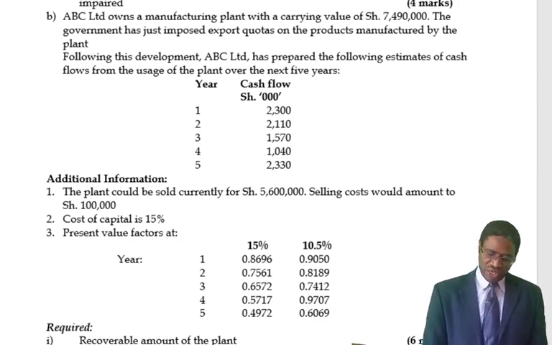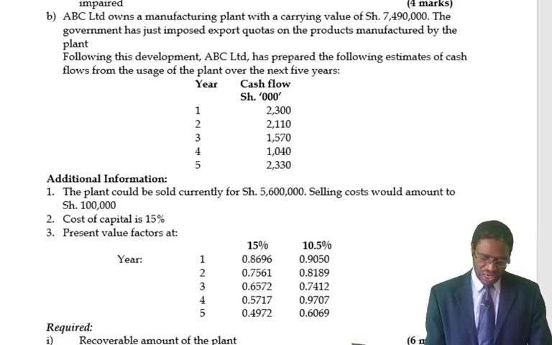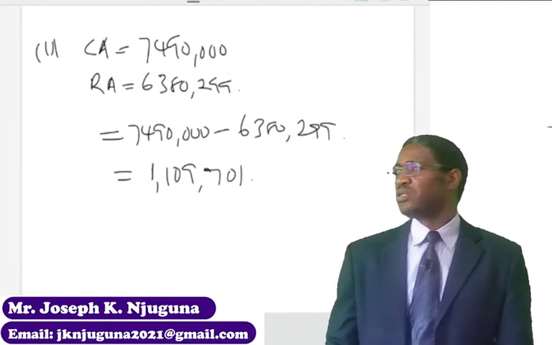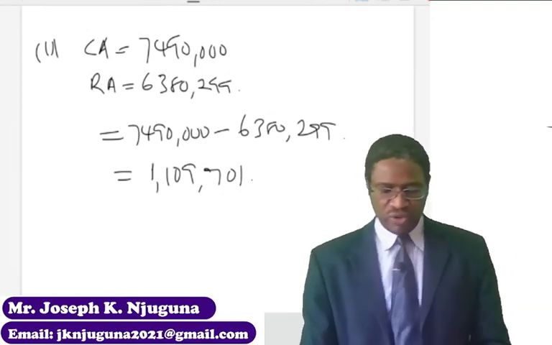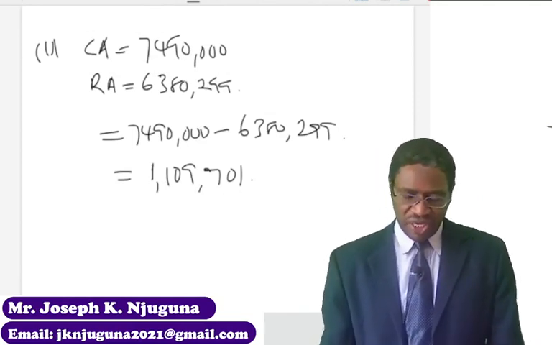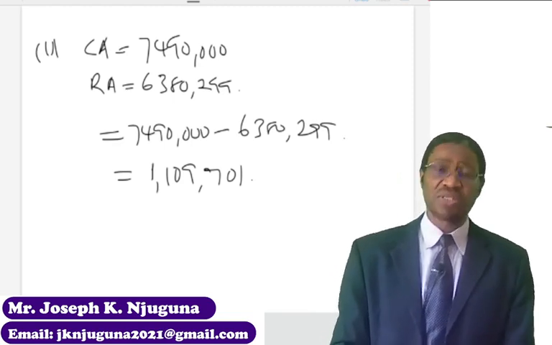So let me calculate as you are also calculating. 7,490,000 minus 6,380,299. I'm getting a value of 1,109,701. Are you getting the same? So when you compare, we have compared the carrying amount, which is 7.4 million, with the recoverable amount, which is 6.3 million.